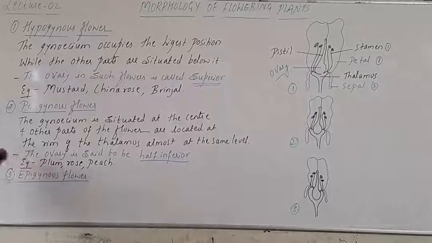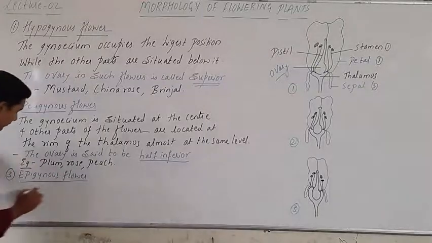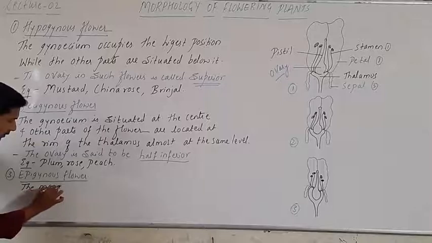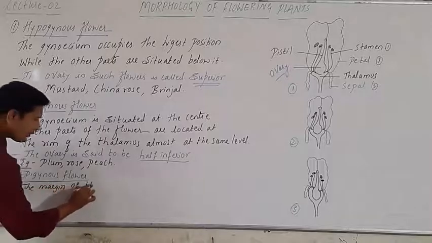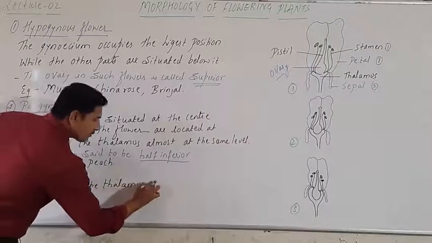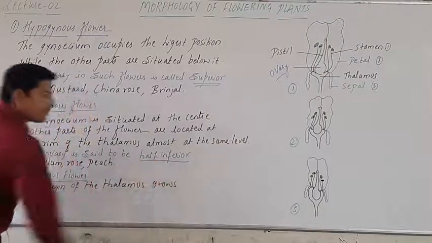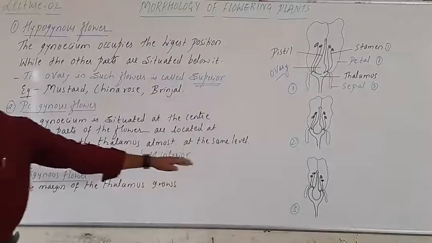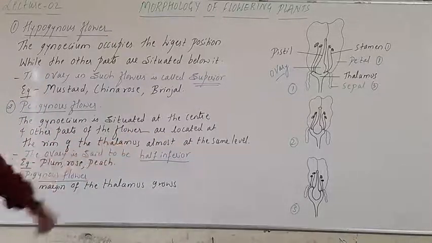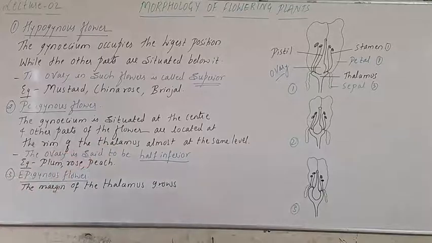Okay, so let's frame the definition for the epigynous. So the margin of the thalamus grows, look at the diagram there. The margin of the thalamus grows upward enclosing the ovary.